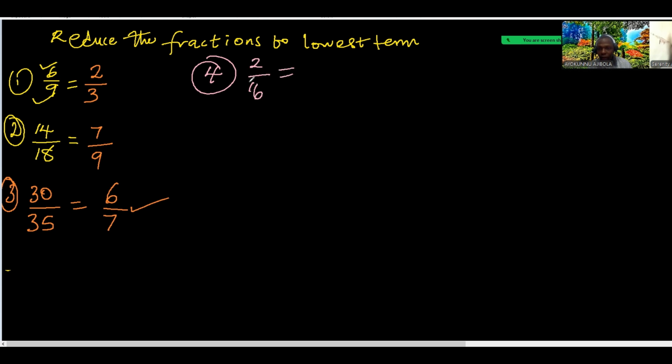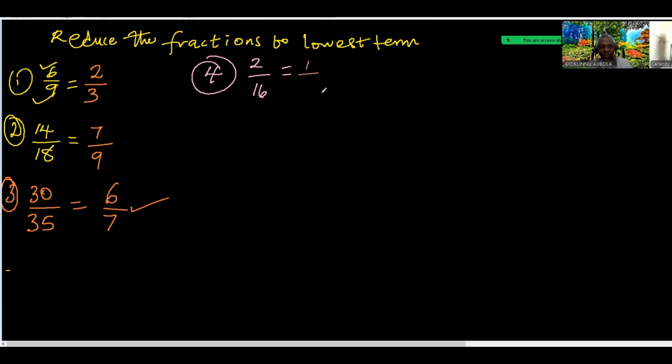So what do you think this should be? What number can we use to divide them? We can use 2, okay? So what should I write now? What do you think the answer should be? So 1 over 12.